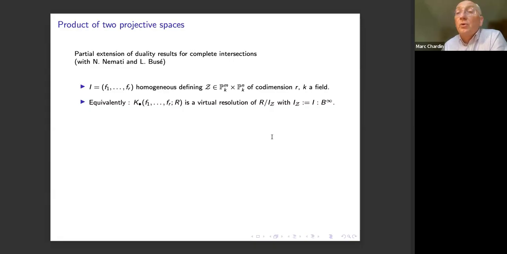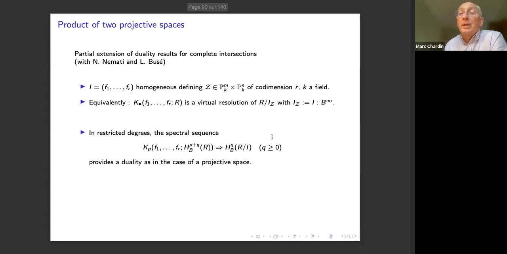That's what is now called a virtual resolution. That's always a way to see it. So all of these share the same virtual resolution, and we want to know what we get from that.